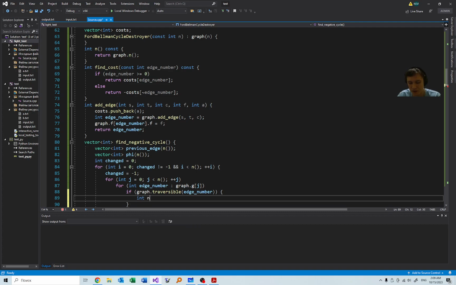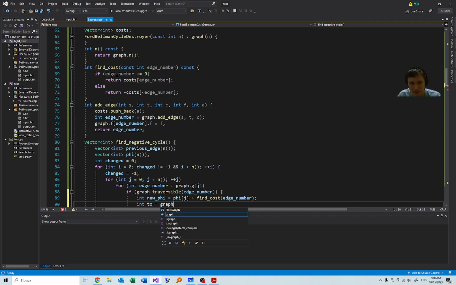So I say that new phi equals current phi of my vertex j plus find cost of edge number. And if new phi is less than phi of, I also need to find the number of this vertex, which is graph dot end edge number.